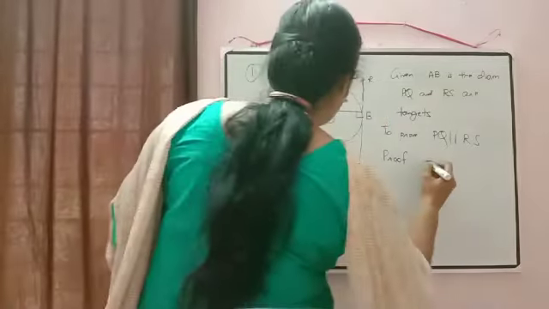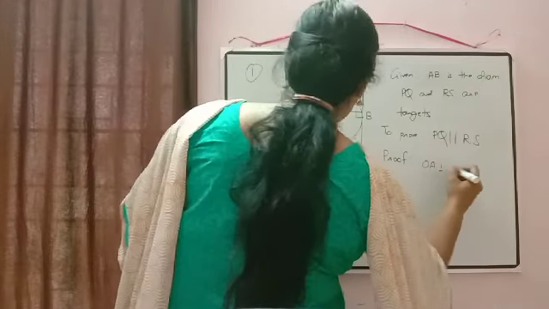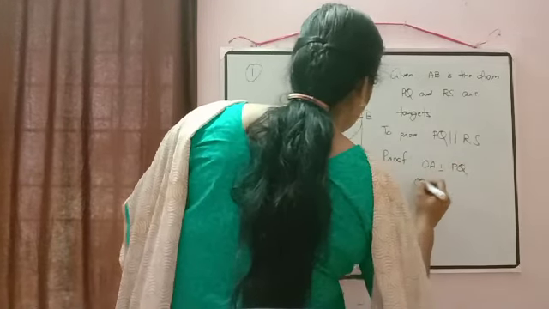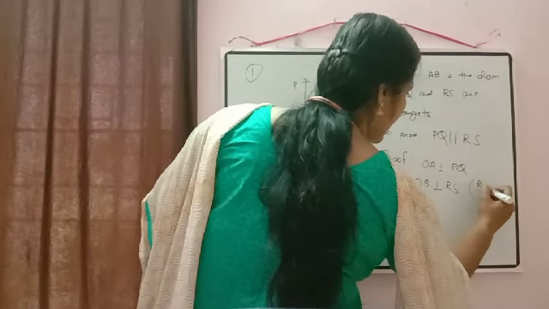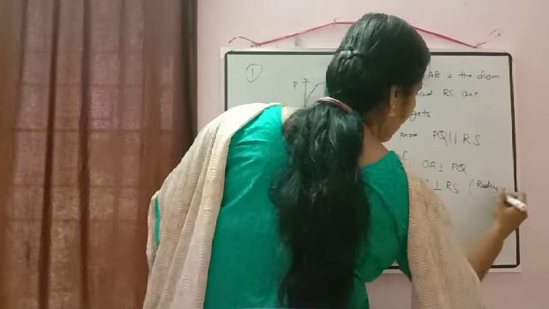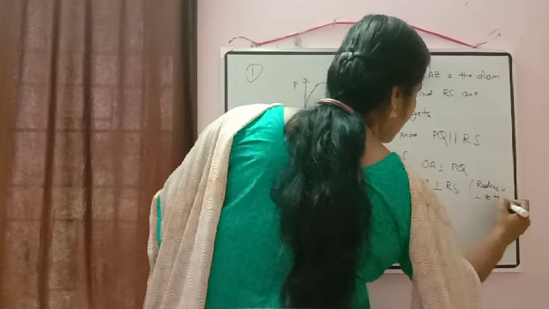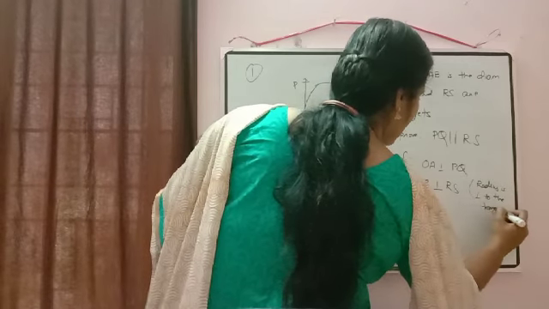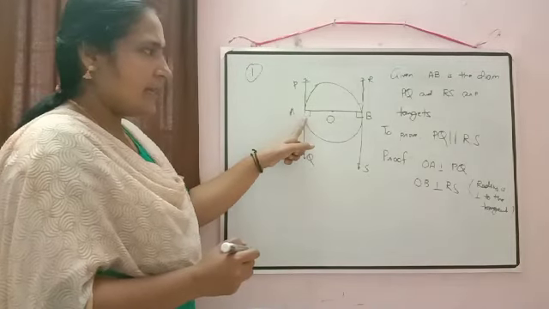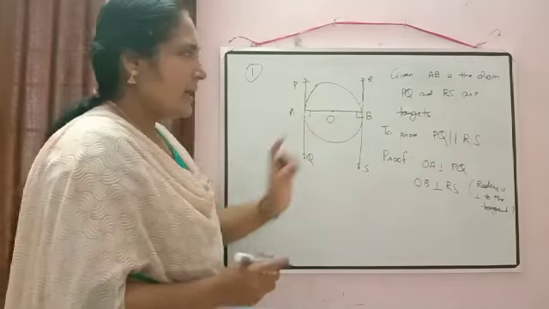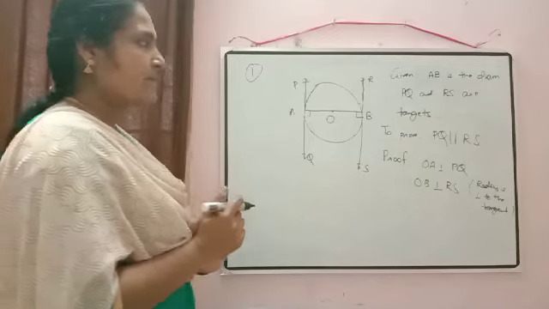OA is perpendicular to PQ and OB is perpendicular to RS. Reason: radius is perpendicular to the tangent. So from there we got angle A equal to 90 degrees and angle B also equal to 90 degrees.